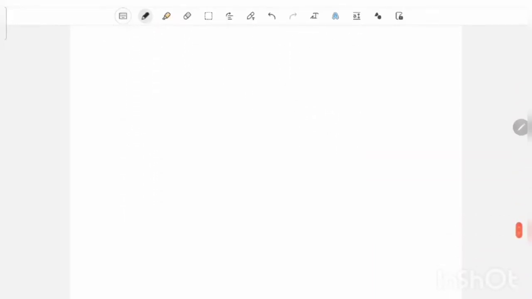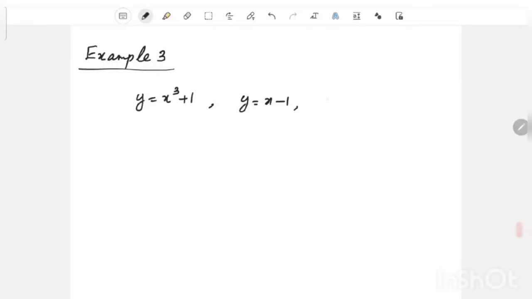Another example is: find the area between the curves y equals x cube plus 1 and y equals x minus 1 between x equals minus 1 and x equals 1.